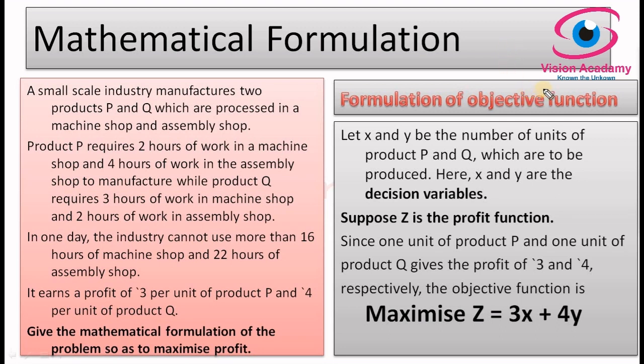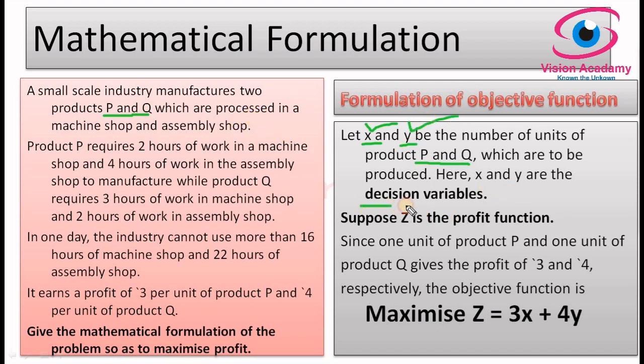So firstly let us make the formulation of the objective function. In this industry there are two types of product, P and Q. To indicate this mathematically, let us assume products P and Q as X and Y. Instead of product P and Q, I am assuming X and Y. So here we have two variables in this case.